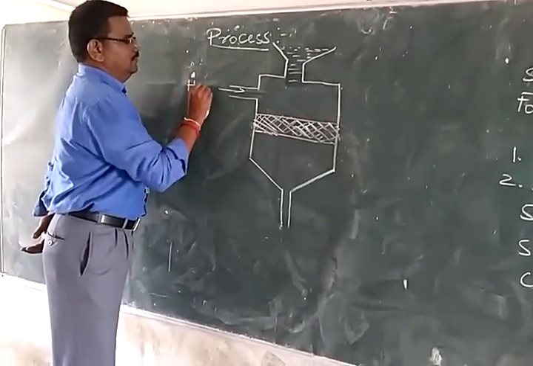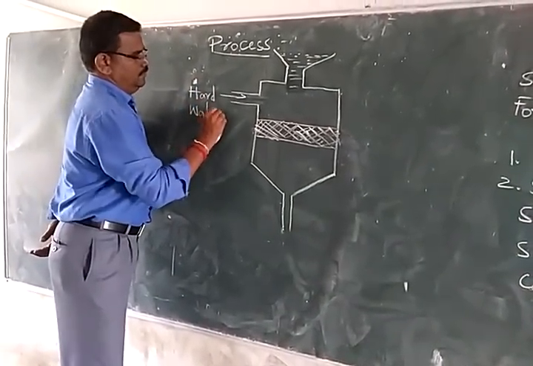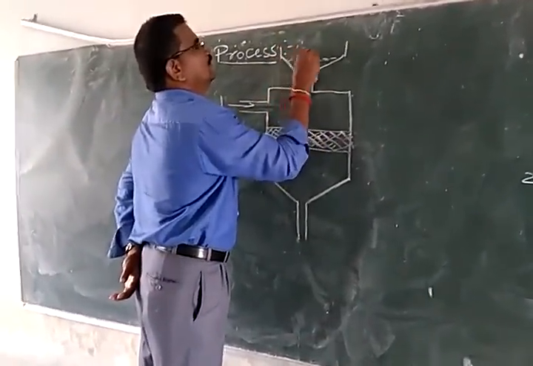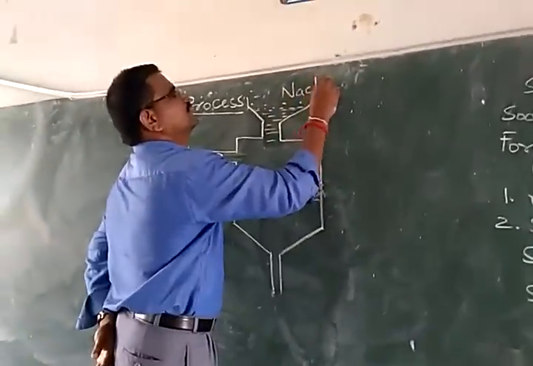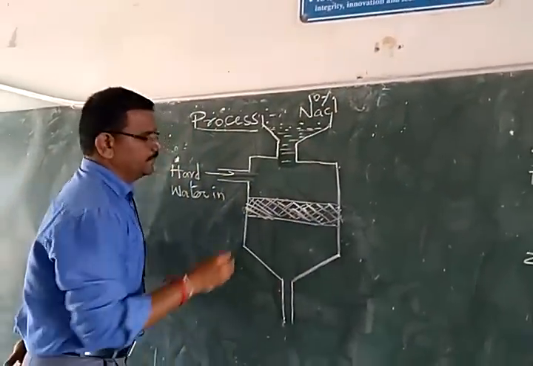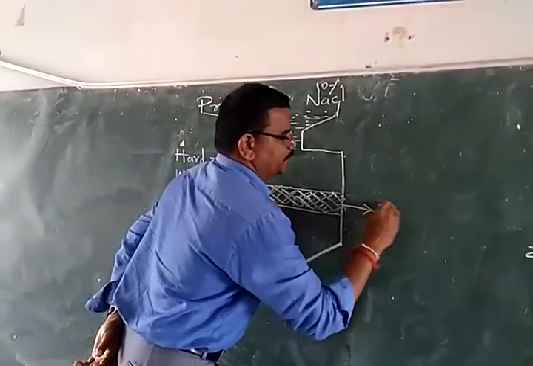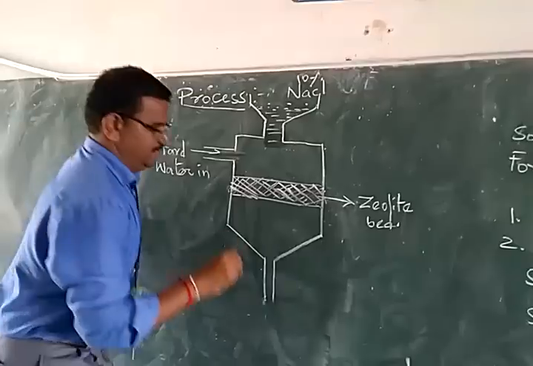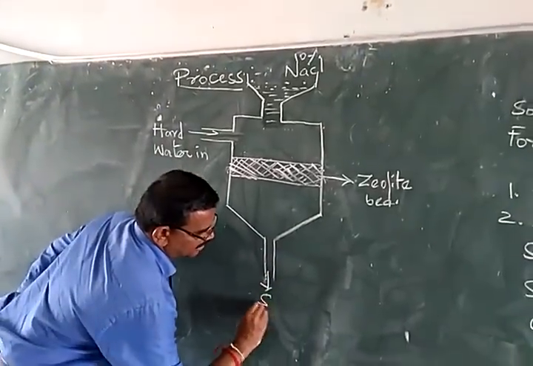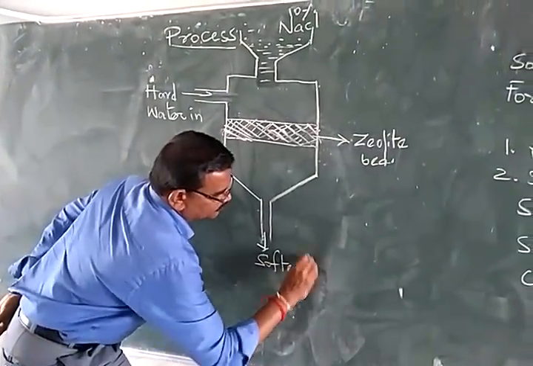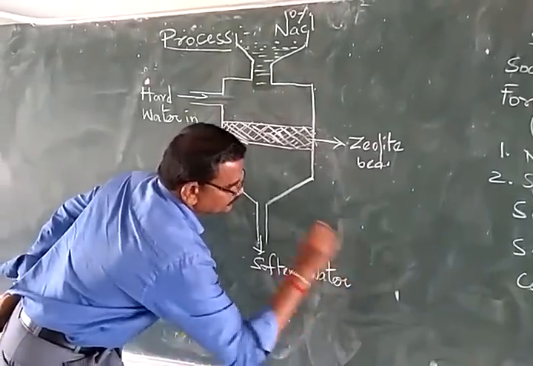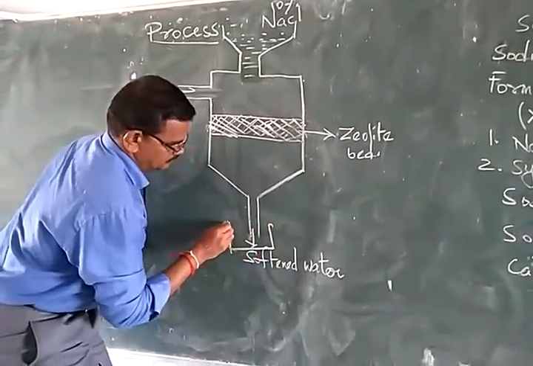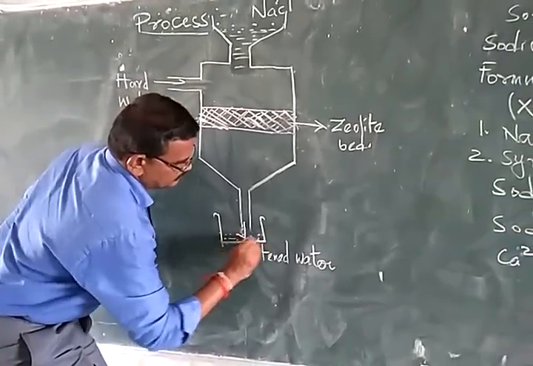This is hot water passing, hot water in. This tank is filled with sodium chloride solution, 10% NaCl solution. This is known as the zeolite bed. And this is the softened water, soft water.